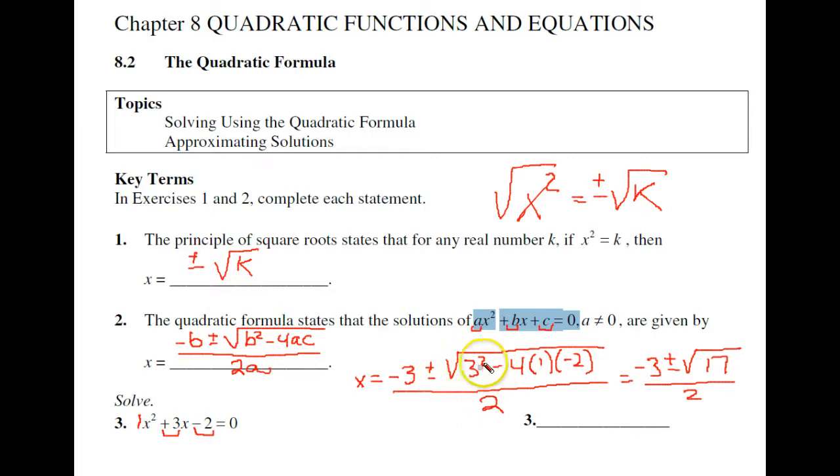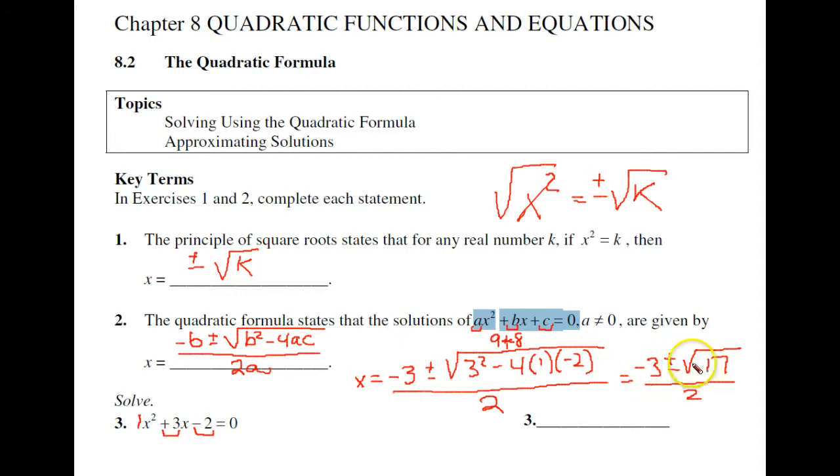So we get, this is a 9. I'm just doing some calculation here. This is going to be a negative 4 times a negative 2, which gives me a positive 8. 8 plus 9 is 17. Well, there's my answer.